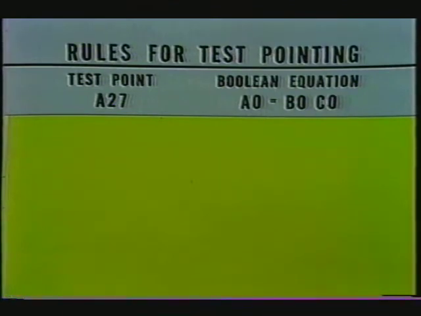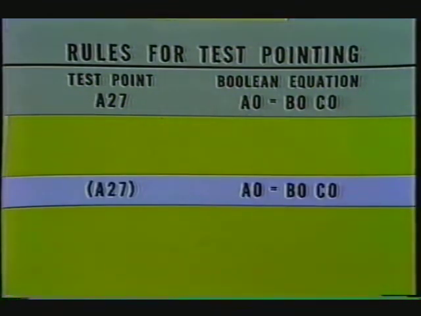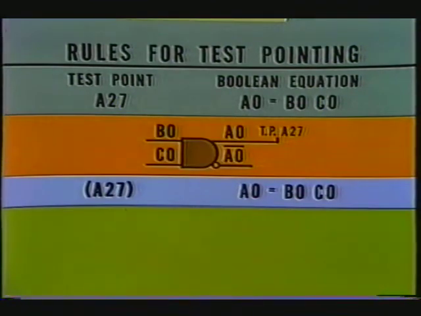Now let's take a look at the rule for test pointing 5-4 gates. If there is a test point associated with a gate, the test point will be shown to the left of the Boolean equation. The test point may or may not be in parentheses. If it is not in parentheses, it is tied to the output of the gate with the normal term.